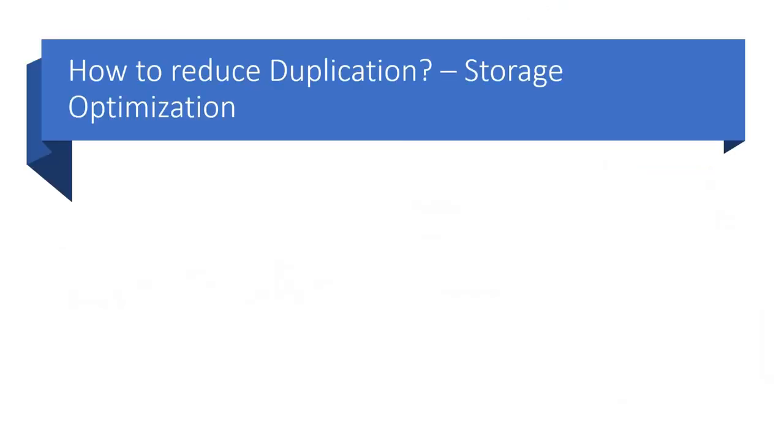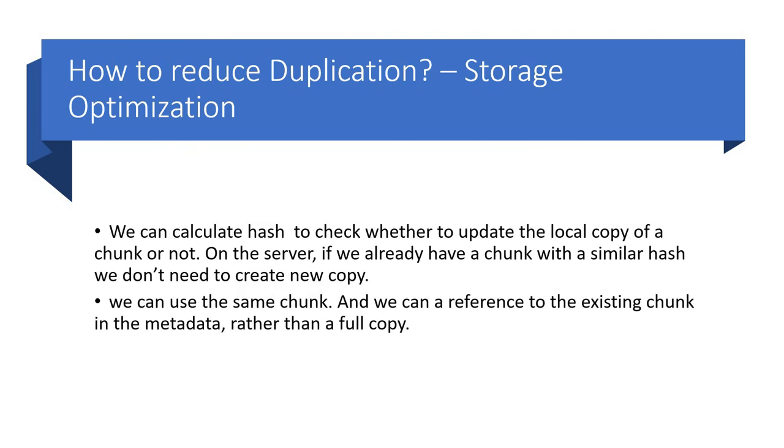The next consideration could be how to reduce duplication. We have already discussed that if we already have the same chunk, then we should not upload it again. Let's say a user already made similar changes in the past and is making the same changes now again. If the values are exactly the same and we upload the same chunk again, it's more like creating duplicate copies.